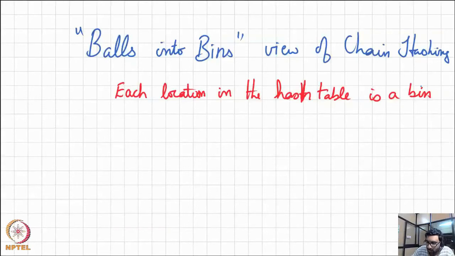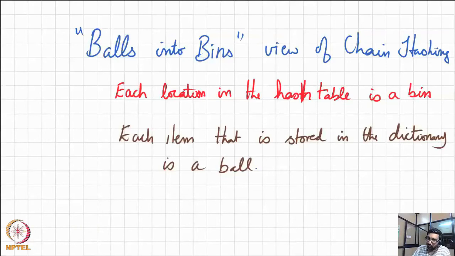And as you can imagine, we're going to use balls and bins to view this chain hashing problem. We're going to view each location in the hash table as a bin, and each item that is stored in the dictionary is a ball.